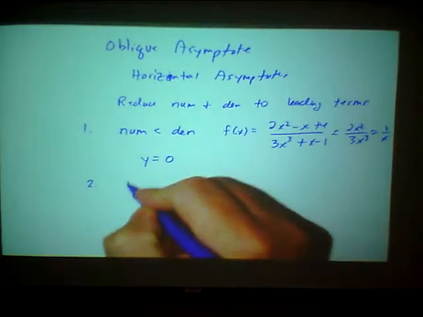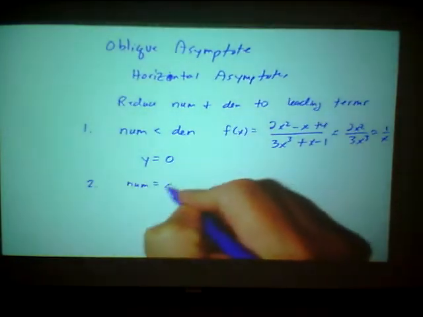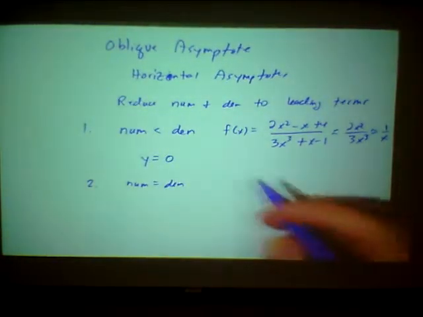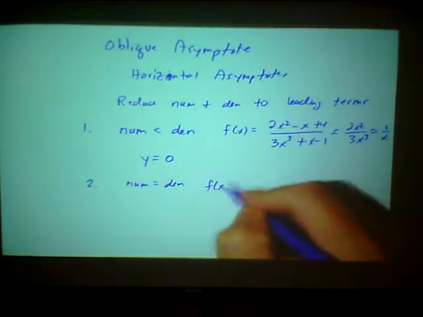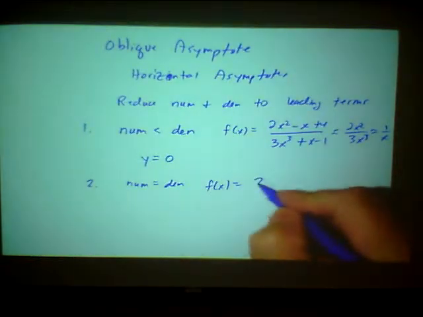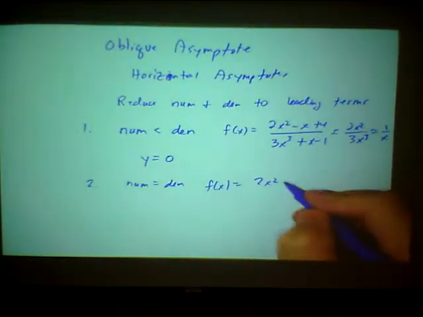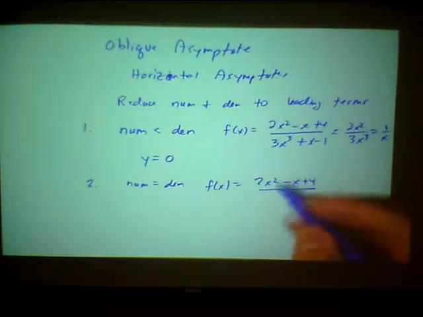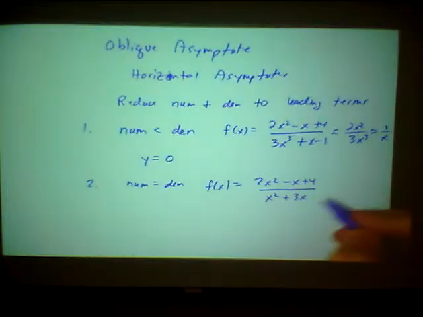And then we talked about what happens when the numerator is the same as the denominator. As another quick example, 2x squared minus x plus 4 over x squared plus 3x plus 15.